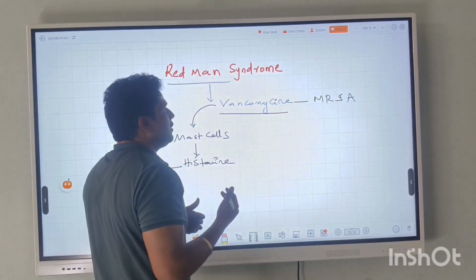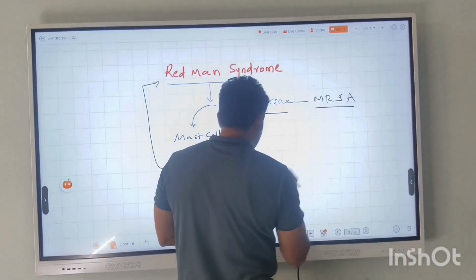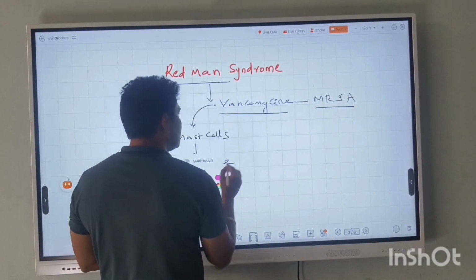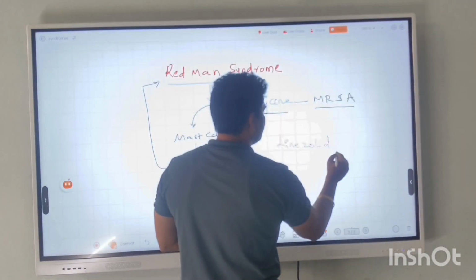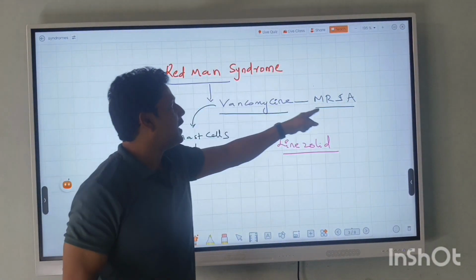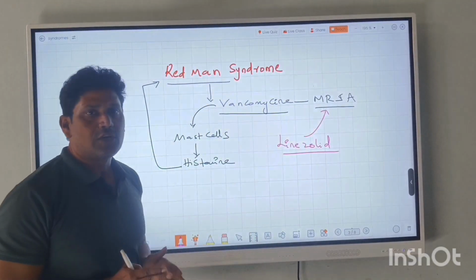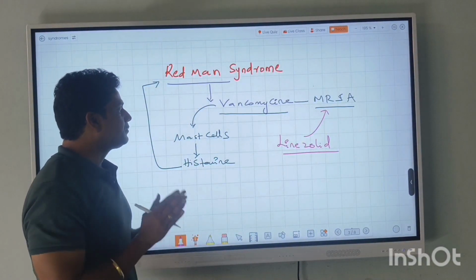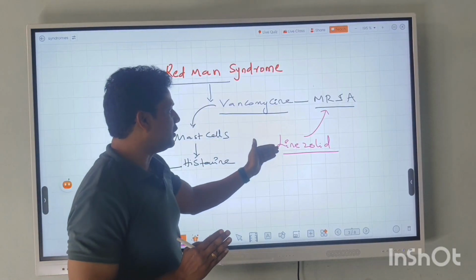So the alternative drug to vancomycin for MRSA is linezolid. So linezolid does not cause Redman syndrome. This is the advantage of linezolid.